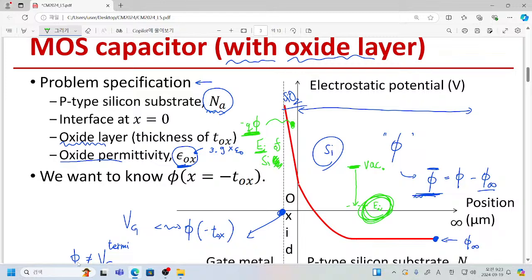The basic rule of thumb is that if we have multiple materials, then usually we have some tendency to take the material with the smallest energy band gap as the reference material.